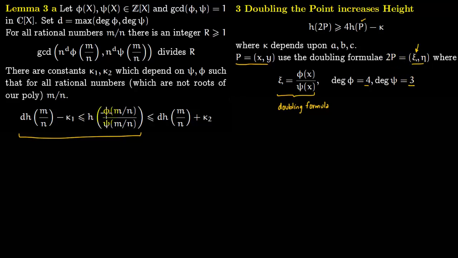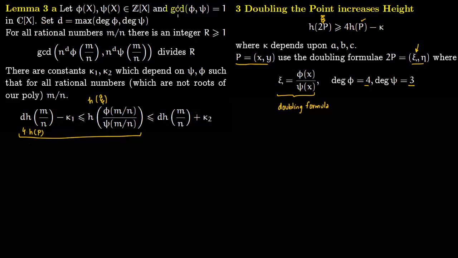So this becomes the height of psi, and this is greater than or equal to d times, where d is the degree of this phi, so this will become 4 times the height of our point P. P is m over n, so the height of P, minus some kappa 1 we will determine. So the height of psi, which is 2P, is greater than or equal to 4 times H(P) minus kappa 1.